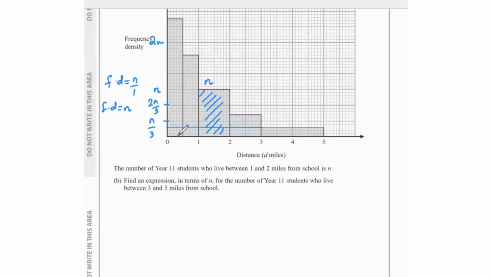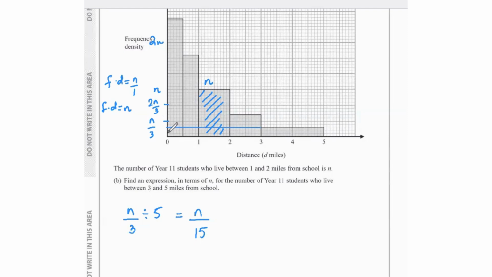So as you can see, that's 1, 2, 3 boxes. So to find the height of these 3 boxes, we need to figure out what each small box is. So if this one big box is n over 3 and there are 5 divisions over there, n over 3 divided by 5 is going to be n over 15.